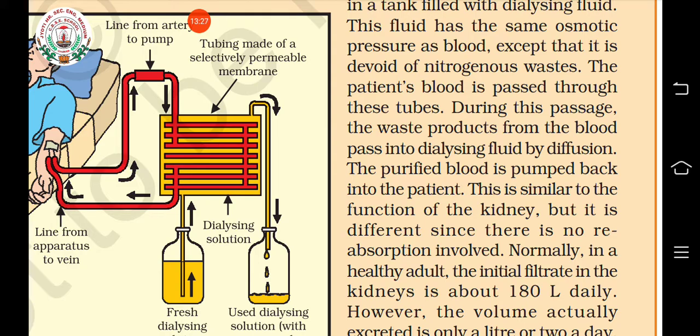The waste products from the blood pass into the dialyzing fluid by simple diffusion. All the waste materials will go into the dialyzing solution, and the blood will get purified.